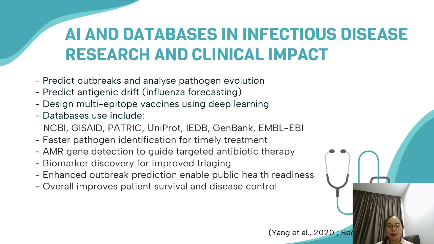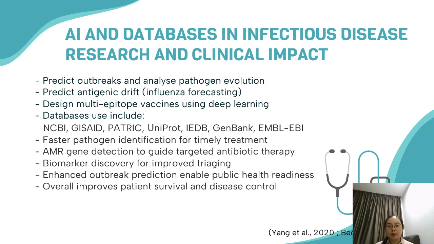Next, we will look into AI and databases in infectious disease research and its clinical impact. Artificial intelligence, AI, and machine learning are currently essential tools in predicting infectious disease outbreaks. The machine learning algorithm can analyze pathogen evolution through the analysis of large genomic and proteomic datasets.